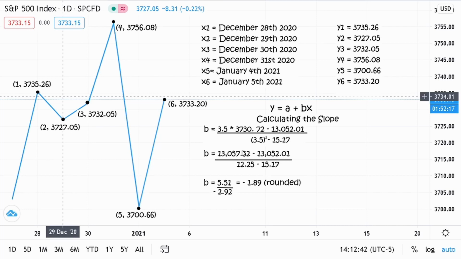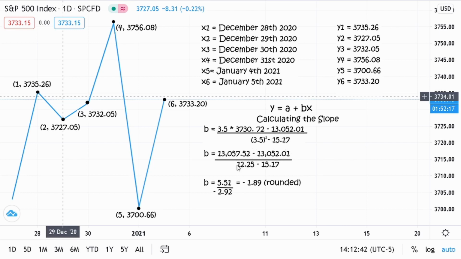Now that we have all the values, let's calculate the slope. We're going to take the mean of x and multiply it by the mean of y. This will get us $13,057.52. We're then going to subtract from that number the mean of x times y, which is $13,052.01. This will give us a value of 5.51. We're going to divide this value by the mean of x, squared, subtract the mean of all the x's squared.